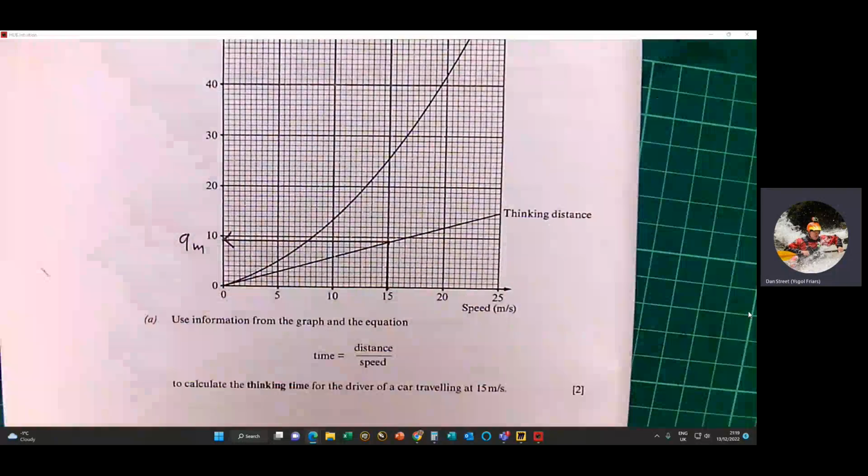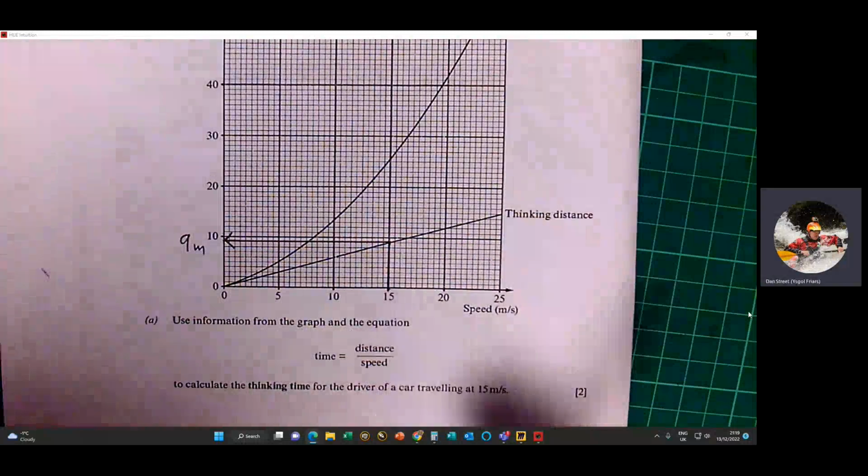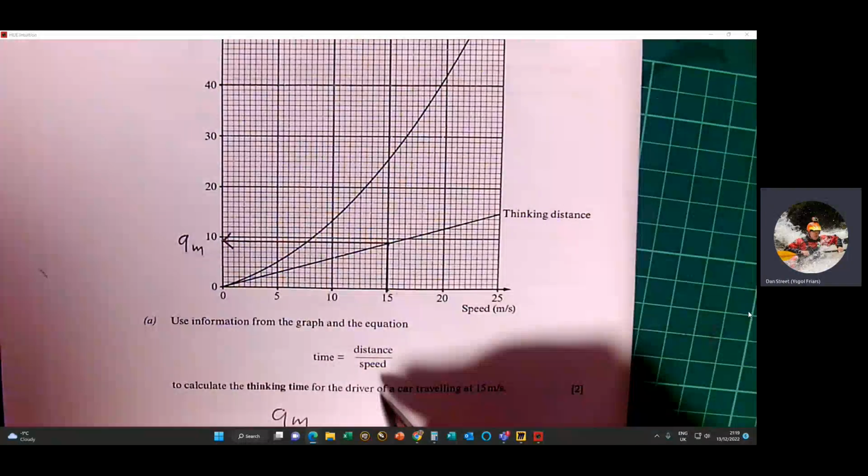So the distance that the car travels is 9 meters, and the speed, as we've seen already, is 15. So we've got 9 meters divided by 15 meters per second.